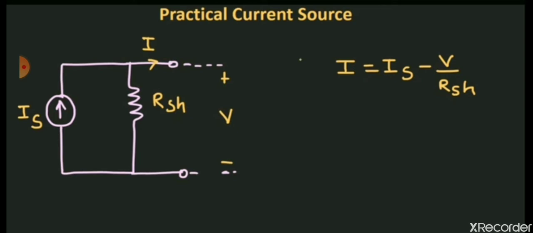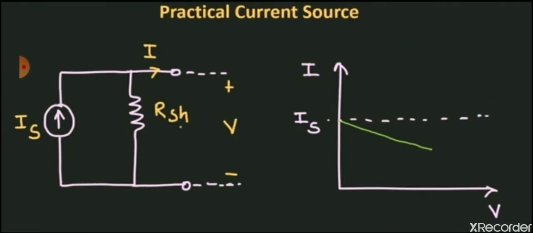ISH is the current which is flowing through RSH, and ISH we can calculate as V upon RSH. So total load current we have calculated as Is, the supply current, minus V upon RSH. So in practical current source, this load current is always less than supply current because of the voltage drop across the RSH.